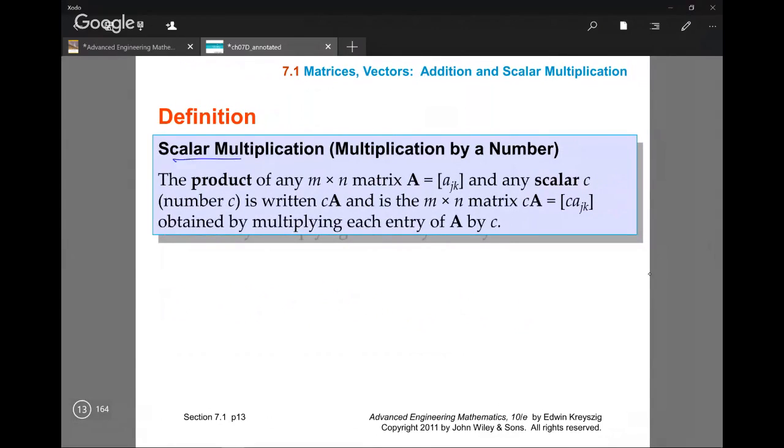Scalar multiplication, so multiplication by a number: if someone gives you a matrix A and asks you to multiply it by a scalar C, then it's basically the same as multiplying each element of the matrix by the scalar C. So if someone says do 2 times 1, 2, 3, 4, that is the same as doing 2 times 1, 2 times 2, 2 times 3, 2 times 4, which is, of course, 2, 4, 6, 8.